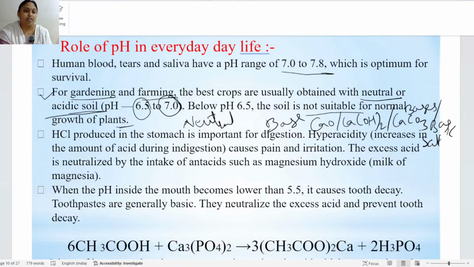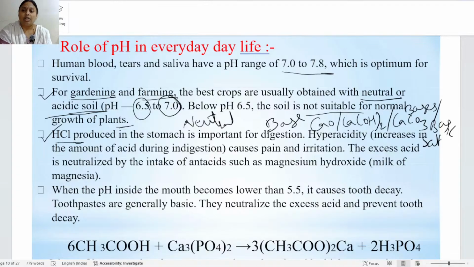So next, the HCl production in the stomach. Generally from morning to evening we are eating food, which is digested in the stomach because of HCl. So it has a mild pH in the stomach. Whatever food we take is going to be digested.